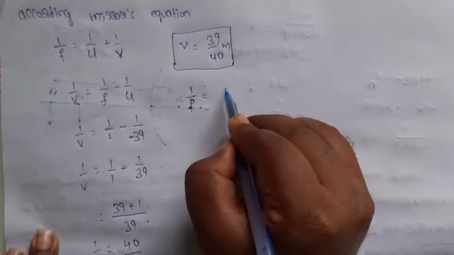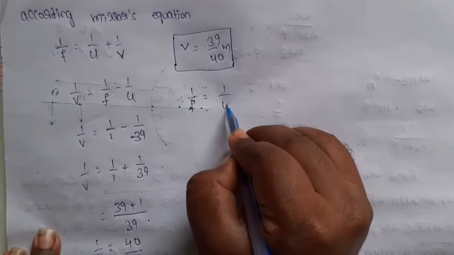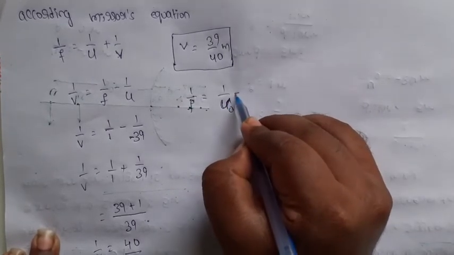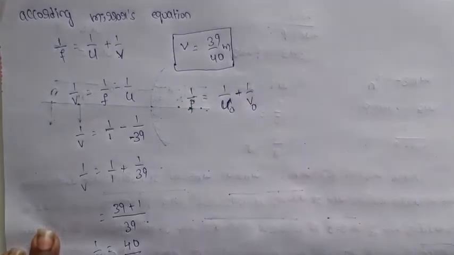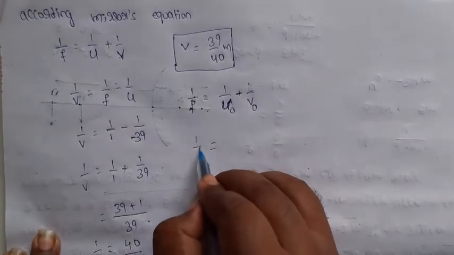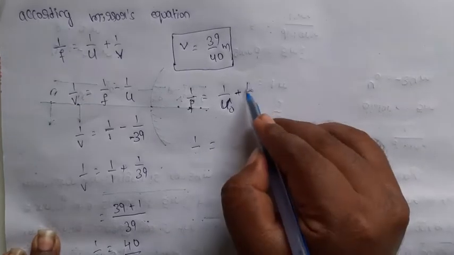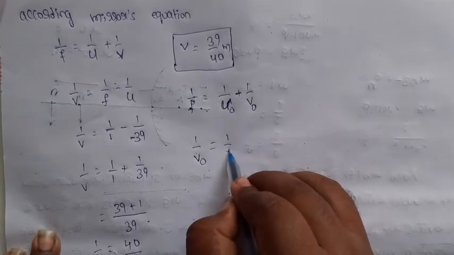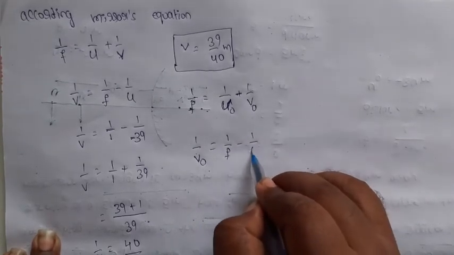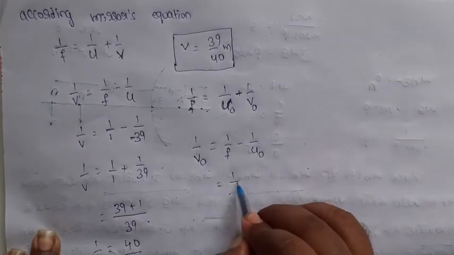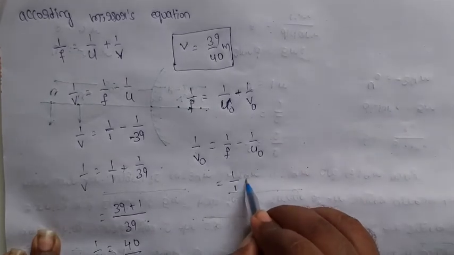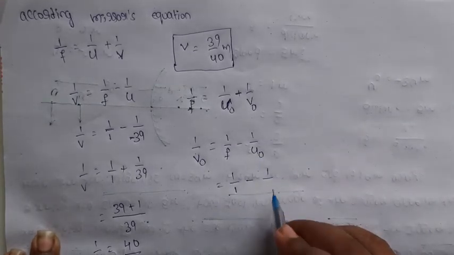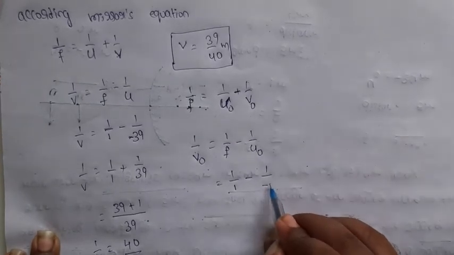Next I am going to find the v naught. 1 by f equal to 1 by u naught plus 1 by v naught. I am going to find the 1 by v naught. 1 by v naught equal to 1 by f minus 1 by u naught. 1 by f value 1 by 1 minus 1 by u naught value. u naught value is minus 34.